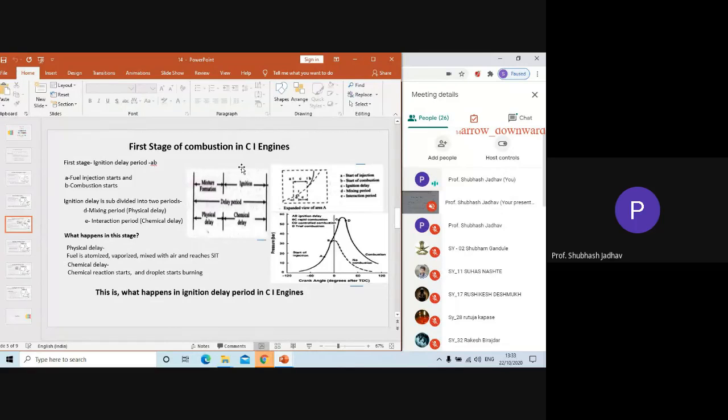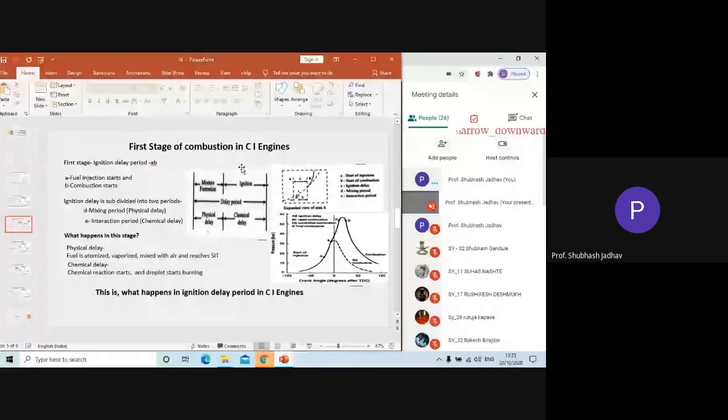Unlike in SI engine, where we prepared the mixture outside the combustion chamber and supplied it to the engine cylinder, here we are directly injecting the fuel droplets into the combustion chamber. So the mixture has to be formed inside the combustion chamber.